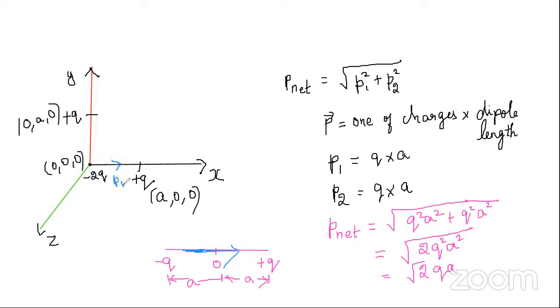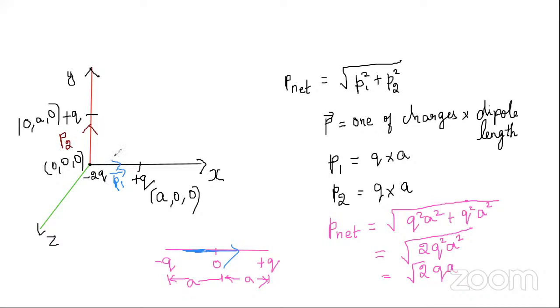For the other dipole, minus q to plus q, the direction of dipole moment is from 0 to this point, along this direction, P2.